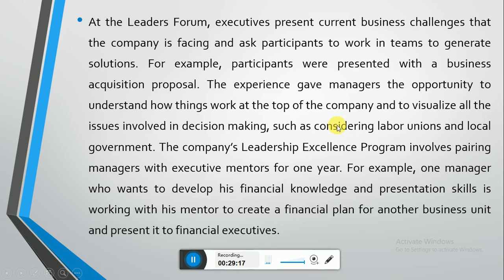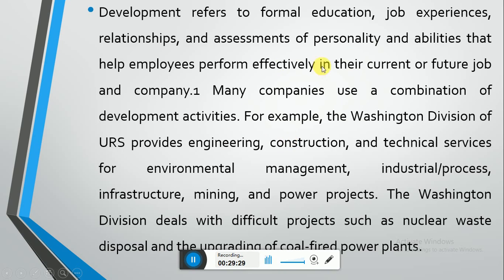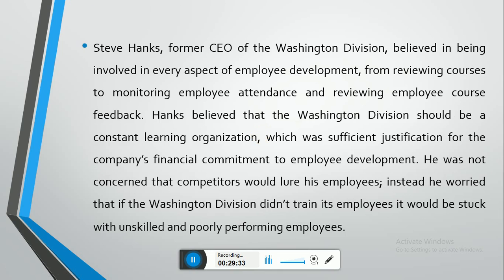Then we discussed the example of the company, why managers are invited to the top leader forum, inviting their existing managers to learn new things. Then we discussed the difference between development and training. You can find a lot of differences in books, in articles, or on some website. Please do some research.